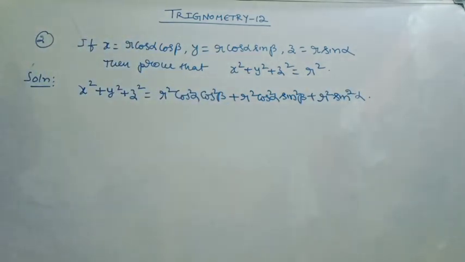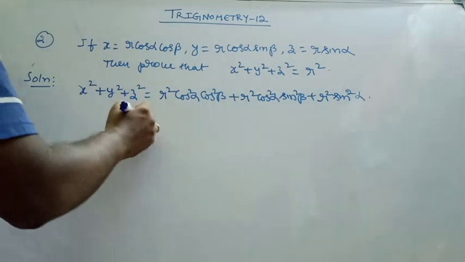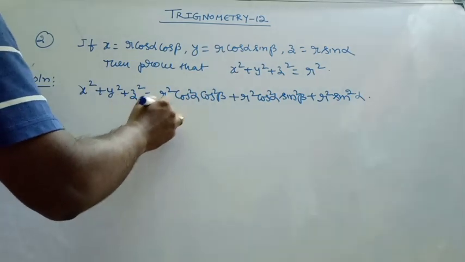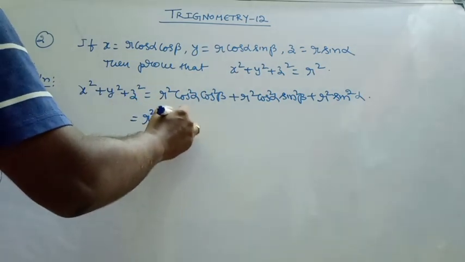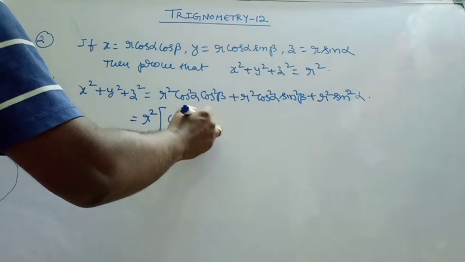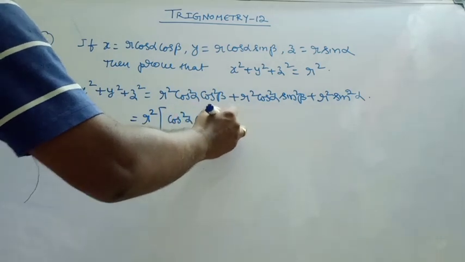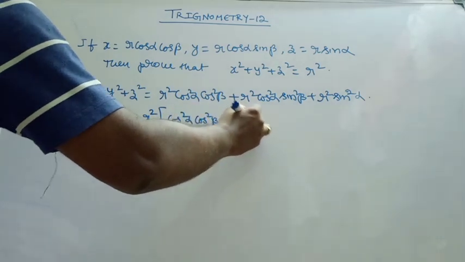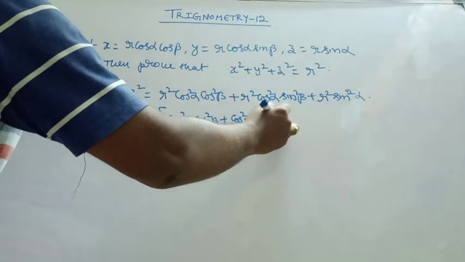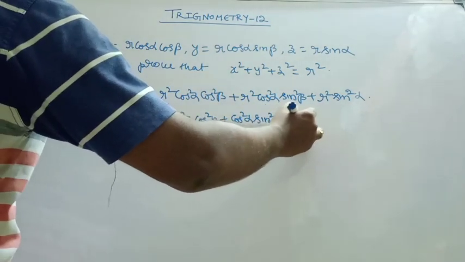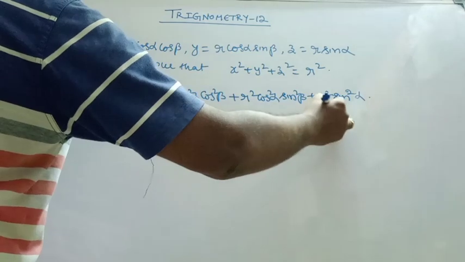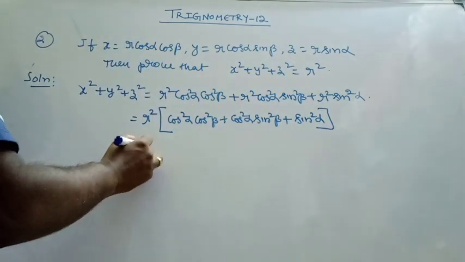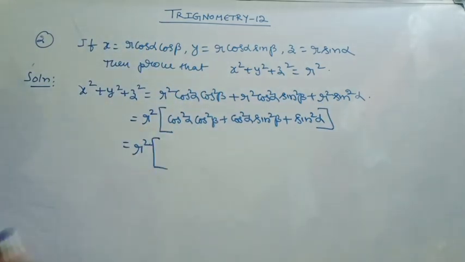Okay, wonderful. Now among all these, my dear students, we can take r square common. Once you take r square common, it becomes cos square alpha cos square beta plus cos square alpha sin square beta plus sin square alpha. Now this is equal to r square.